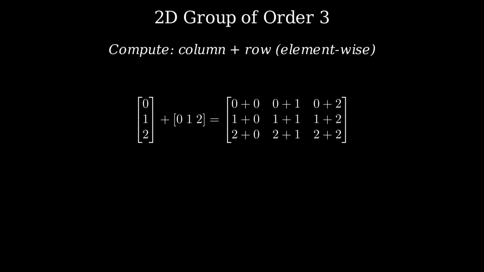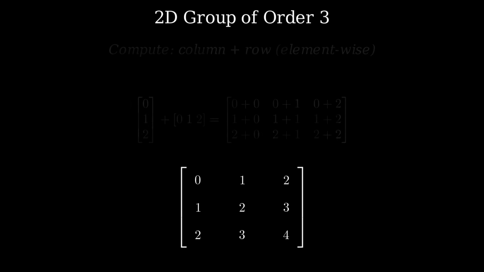The outer addition gives us 0 plus 0 equals 0, 0 plus 1 equals 1, 0 plus 2 equals 2 in the first row. 1 plus 0 equals 1, 1 plus 1 equals 2, 1 plus 2 equals 3 in the second row. 2 plus 0 equals 2, 2 plus 1 equals 3, 2 plus 2 equals 4 in the third row. This raw sum gives us the matrix with entries 0, 1, 2, 1, 2, 3, 2, 3, 4.